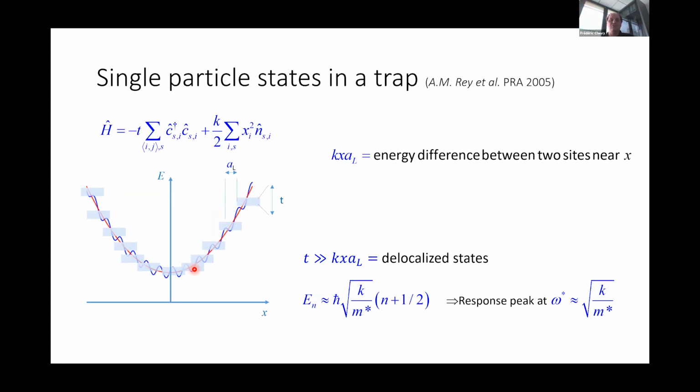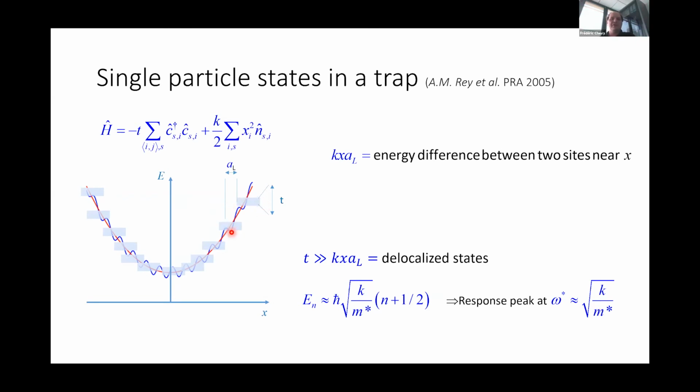You can describe everything as if you had this quasi-particle trapped in a harmonic trap. The spectrum is just given by this formula, where you recognize the spectrum of a harmonic trap, but with a renormalized frequency, renormalized by the effective mass of your particles in a Bloch state.